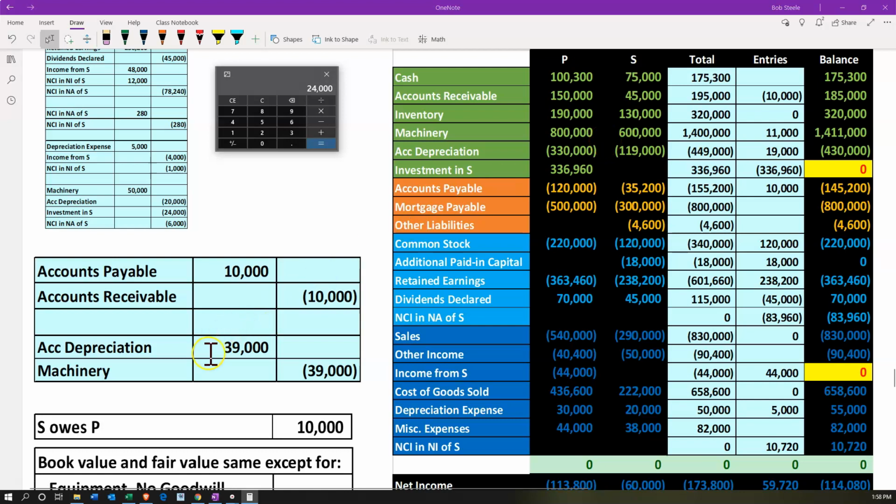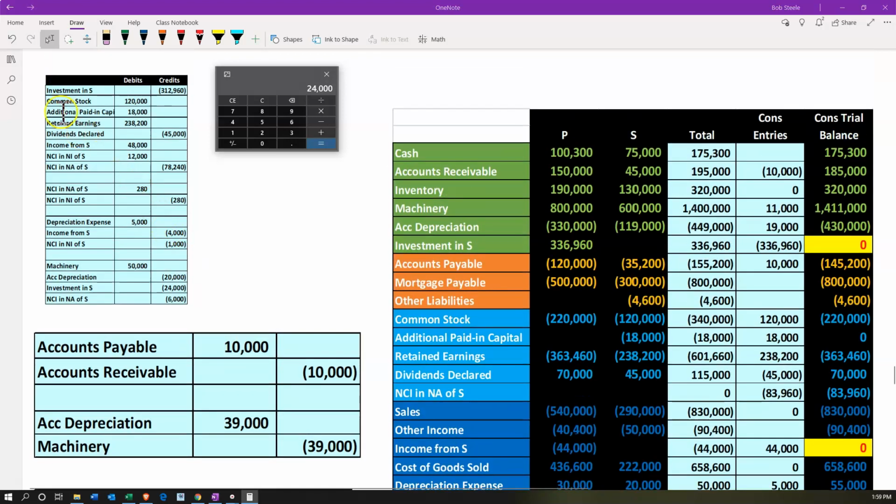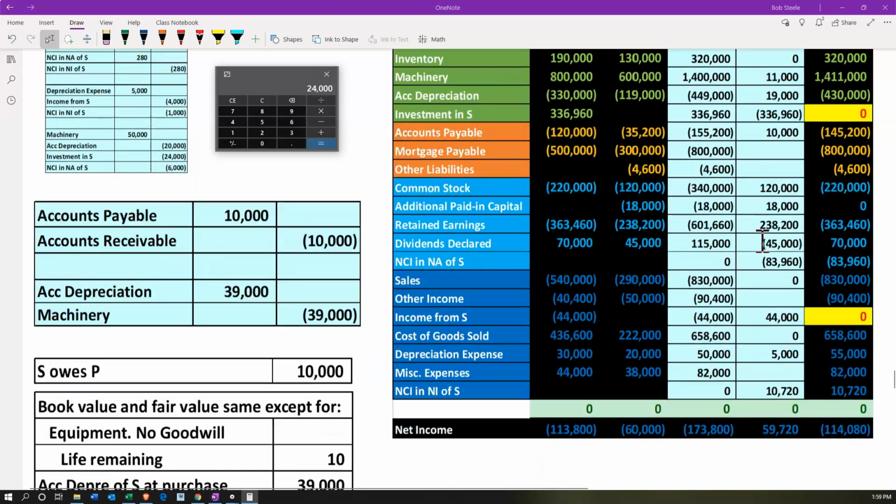So we're going to decrease or debit the accumulated depreciation and decrease the machinery and equipment for the amount of accumulated depreciation on S's book at the point in time of purchase. That's going to be reflected in the machinery and equipment here and in the accumulated depreciation, which have now been adjusted. And of course, this column is taking into consideration all the adjustments we have made thus far, so you can see everything that has happened thus far in this column.